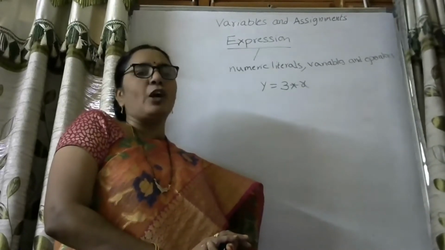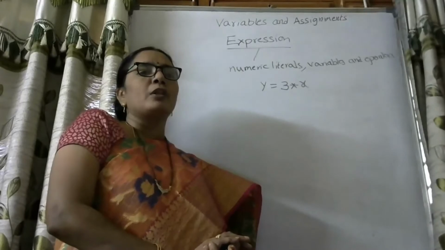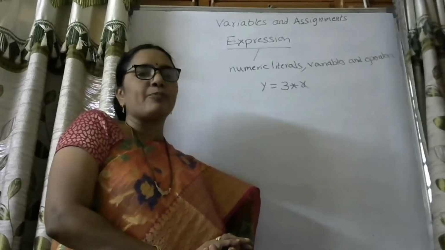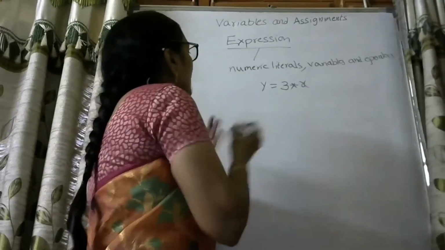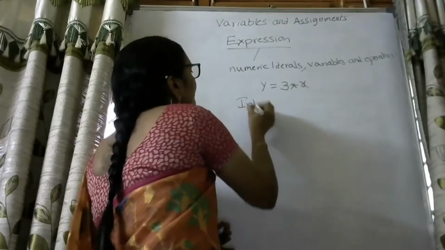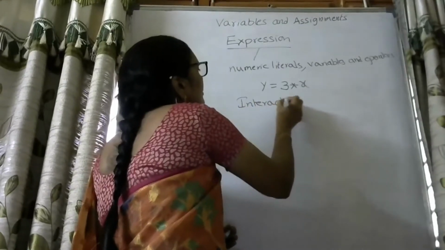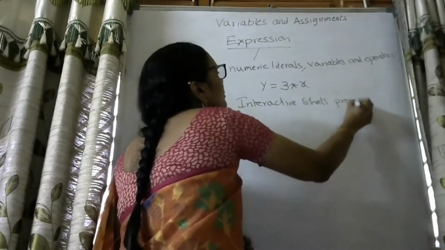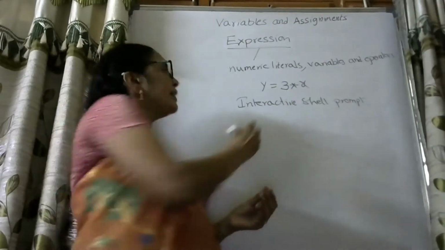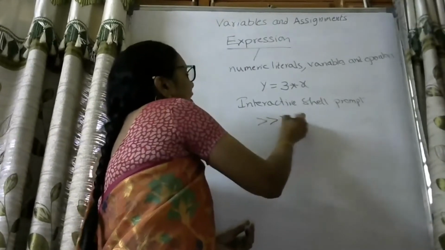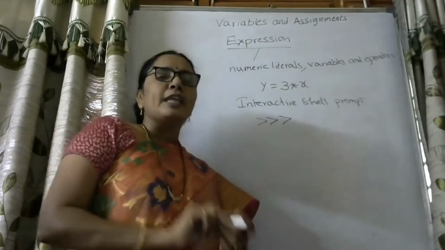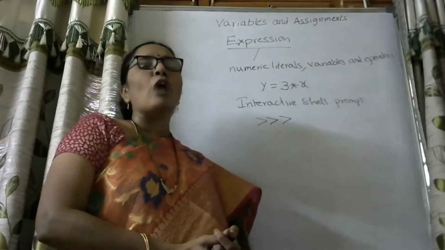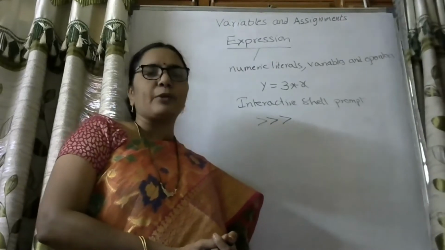In Python, you have the interactive shell. The symbol of the interactive shell prompt is three greater-than symbols. This interactive shell prompt acts as a calculator to evaluate the expression.